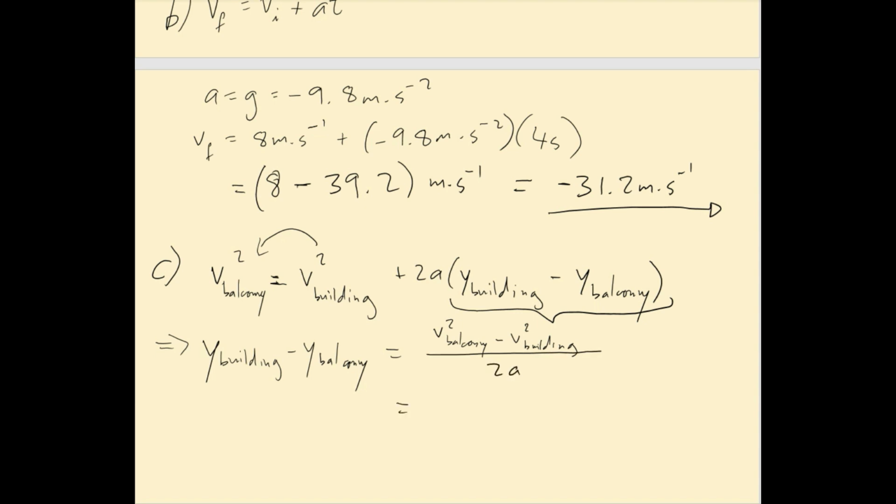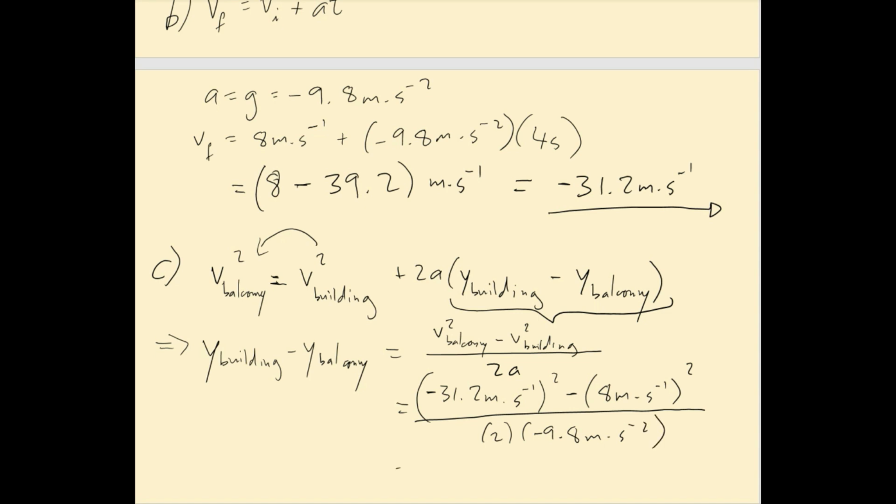We can plug these values in, so we know that the velocity when it hit the balcony we calculated in the previous problem, it's negative 31.2 meters per second all squared, minus, and then the velocity of the building was the original, which was 8 meters per second all squared, all over 2 times negative 9.8 meters per second squared.